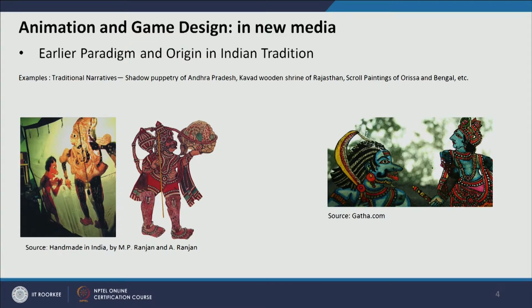So if we try to find out what was the animation's earlier origin in the Indian context, we can see there are many other forms which were not animation, but which were graphical storytelling and narratives of our traditional Indian origin. For example, there was the shadow puppetry of Andhra Pradesh. This first image is that.